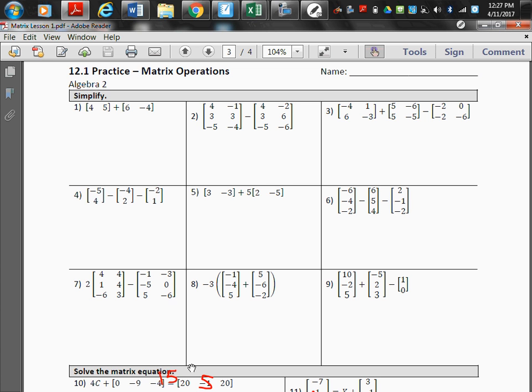Addition, so it's subtraction, addition, then subtraction. Remember, add, subtract, you go left to right. Subtract, then subtract. This one, there's your scalar. So you do the multiplication first, and then you do subtract, subtract.